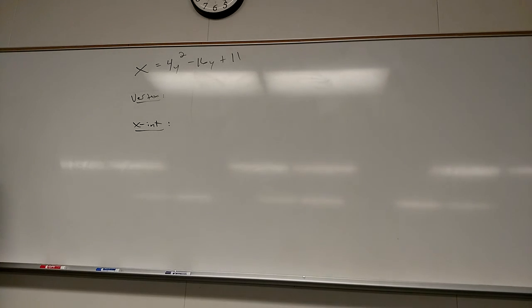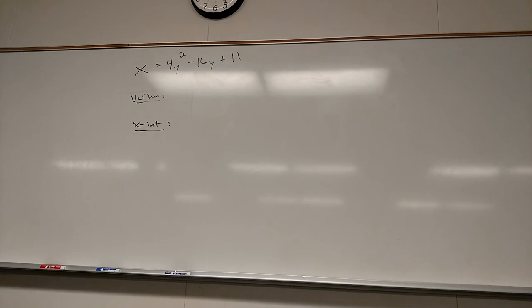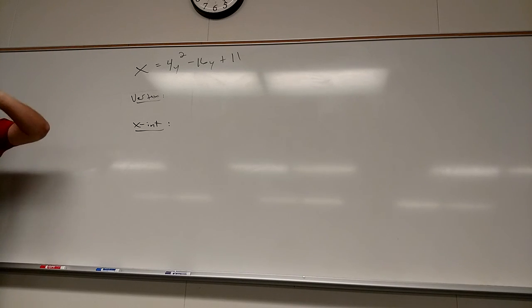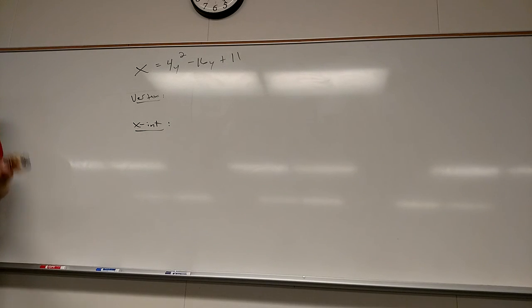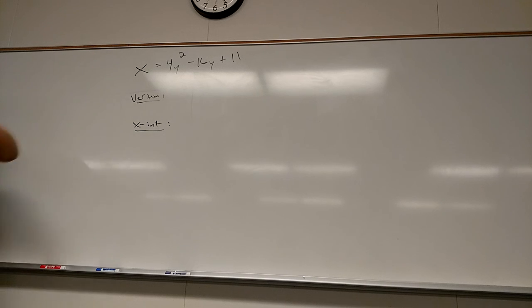Let's see if we can get those. The thing about everything we did remains the same. It's just that the variables have switched. So negative b over 2a is going to tell you the value of what? Y. Because that's the main variable. That's what we call the independent variable.